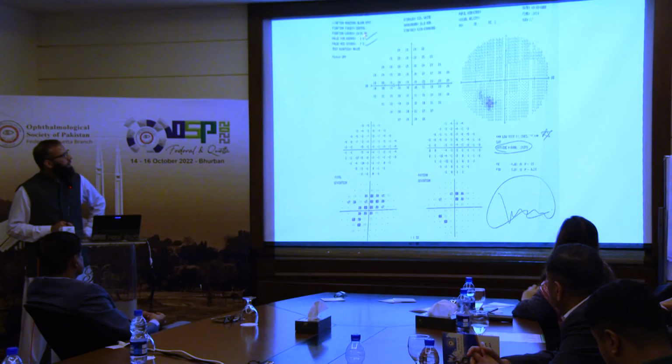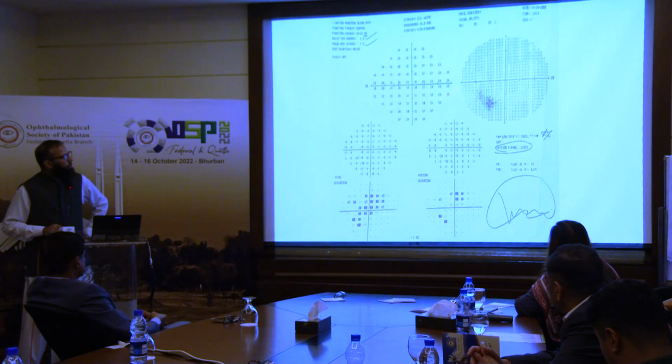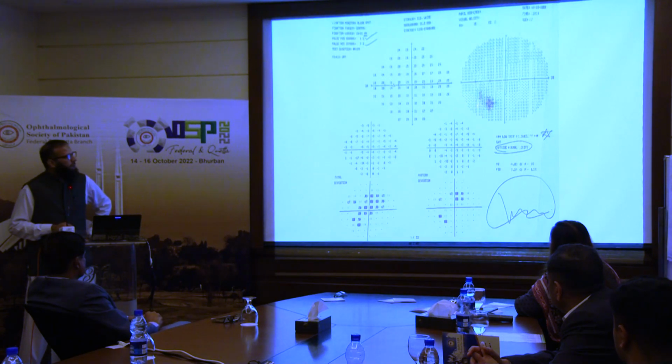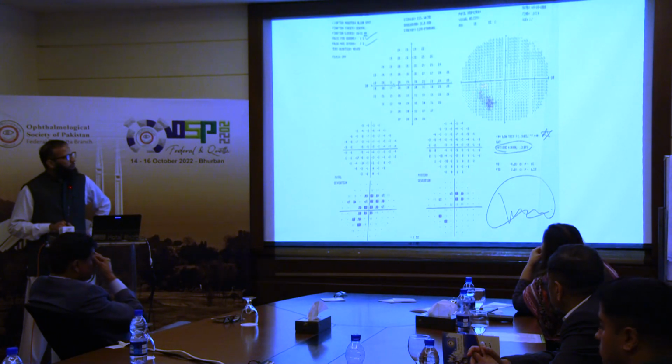Fixation losses 19 out of 21, but the rest of the test seems normal. So what was the mistake actually? The mistake here was that the blind spot was not plotted accurately, as a result of which when the machine showed the stimulus at the blind spot, that was not the blind spot of the patient; that part was the normal part of the patient.